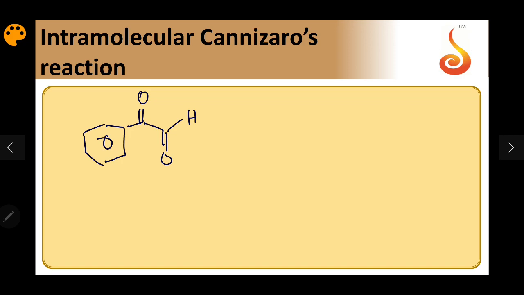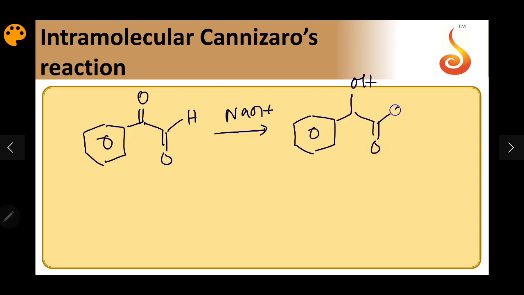So this is an example for that. When I react this with NaOH, the ketone will become alcohol, reduced, and the aldehyde is oxidized to COONa. This is one intramolecular example.